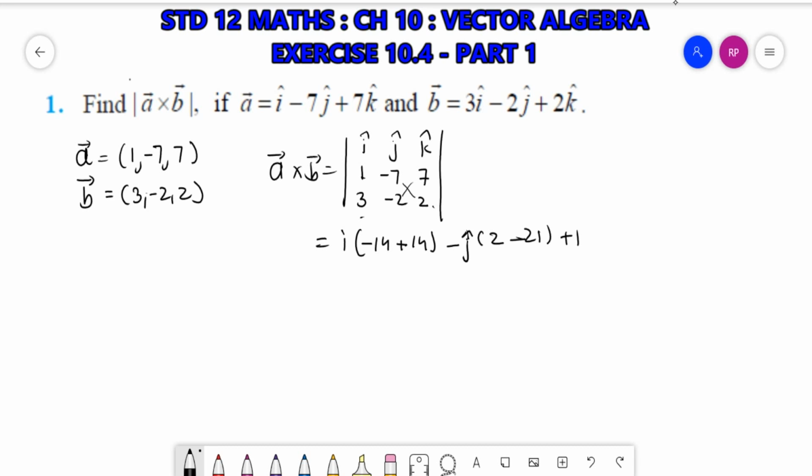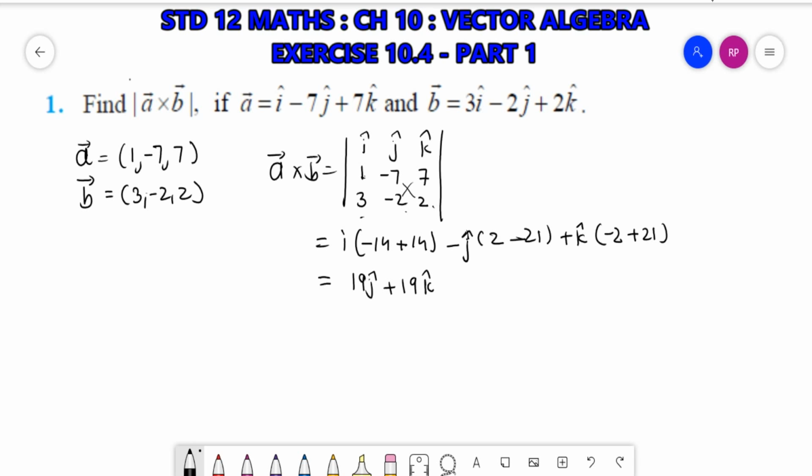Plus k, that is 1 into minus 2, minus 2, minus minus 7 into 3, minus 21, so it is minus of minus, plus 21. Minus 14 plus 14 is 0, so no need to write it down. 2 minus 21 is minus 19, and with the minus sign it will be plus 19j. Minus 2 plus 21, again 19, so it will be 19k.